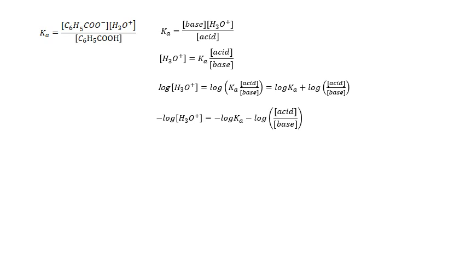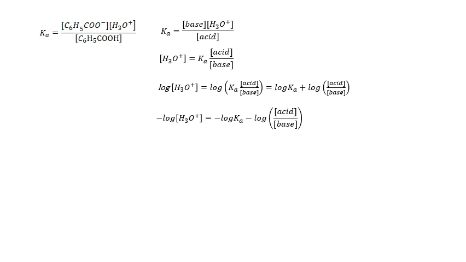Negative log of Ka, we're going to start calling that pKa, all right? So the P has come to mean just negative base 10 log of what follows. So we're going to have pKa, later we'll also have pKb. It always means negative base 10 log of what follows, okay? And the other thing is negative log of acid over base.